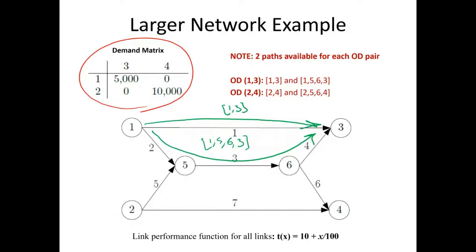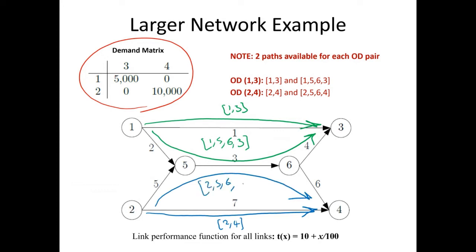For the other OD, which is 2 to 4, also one path here, which is 2, 4, and there's also another path here, which is 2, 5, 6, 4. These are the nodes, right? So 2, 5, 6, 4.